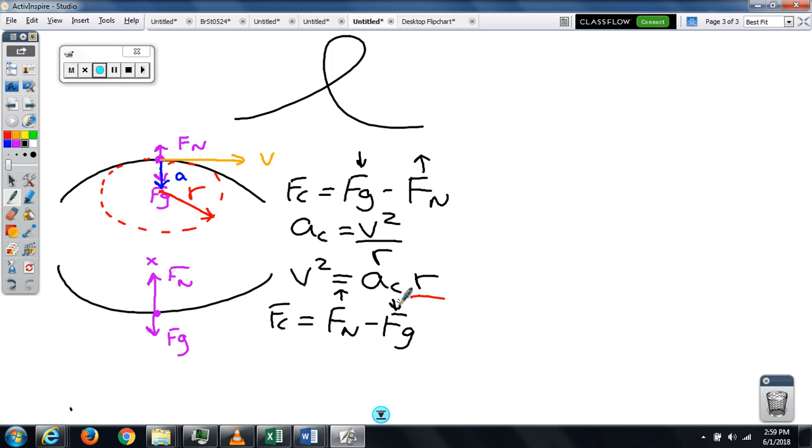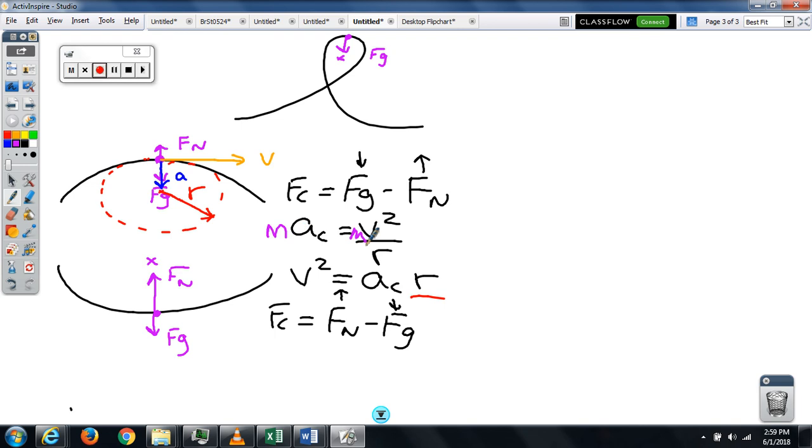Now in the loop-de-loop, when you are upside down, the center is beneath you. You've already got gravity acting on you. Now, depending on how fast you go through that loop-de-loop, it may require that you have more force, because we can combine this with F equals ma.